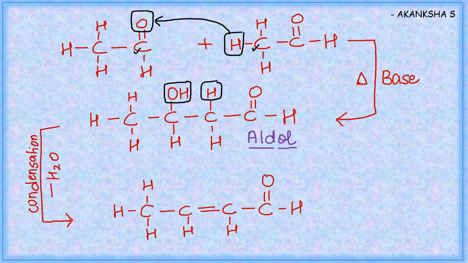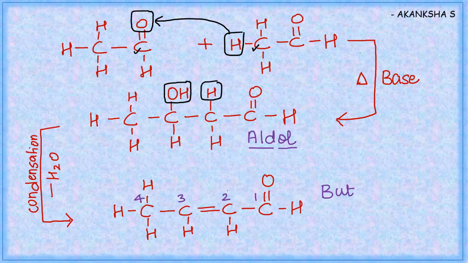So this second structure is called the aldol structure. Water got eliminated, and now we have the last structure. How to name this? Let's see the carbons: 1, 2, 3 and 4, meaning our parent carbon chain is 4, 4 meaning but.